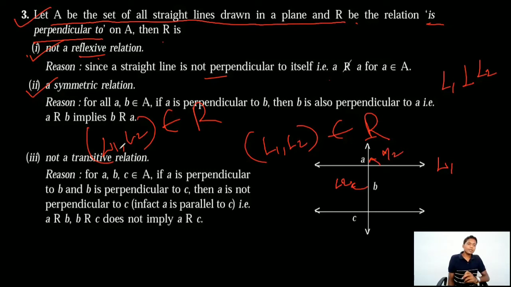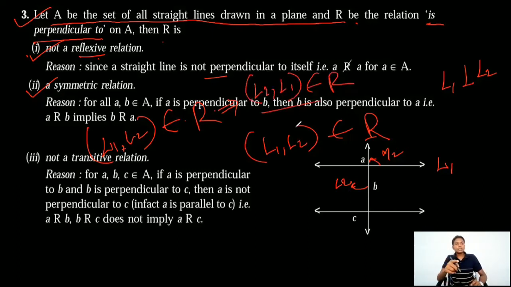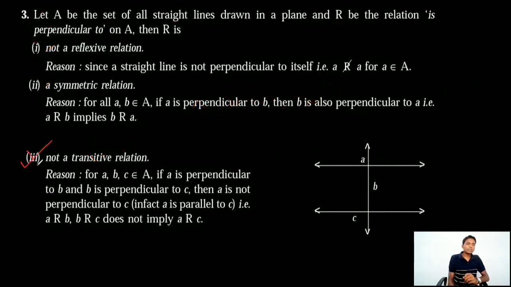So if L1, L2 belongs to relation R, then L2 comma L1 also belongs to relation R. So R is a symmetric relation. Now transitivity: this condition does not hold, because why? If this is L1 and this straight line is L2 and this straight line is L3.